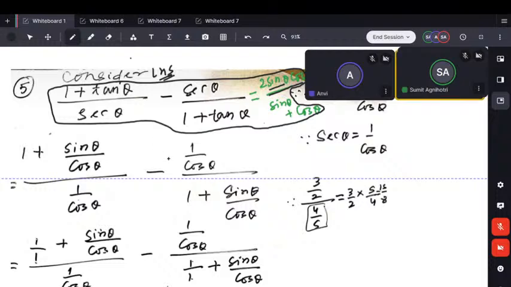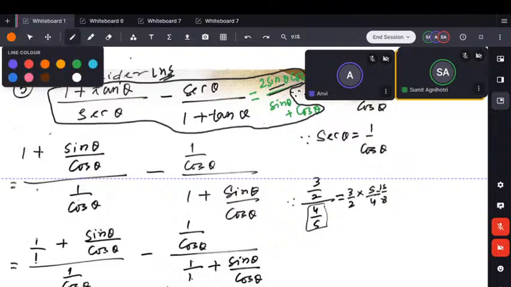Okay then. Now the next step is, if nothing is there in denominator, 1 is always there. That's why you can take 1 here.